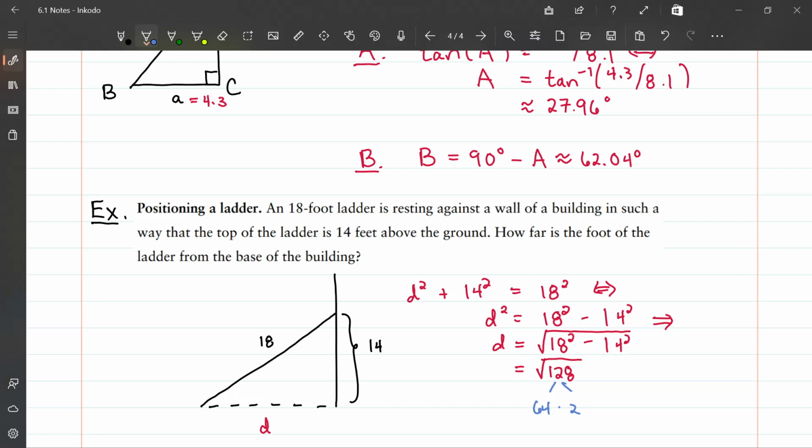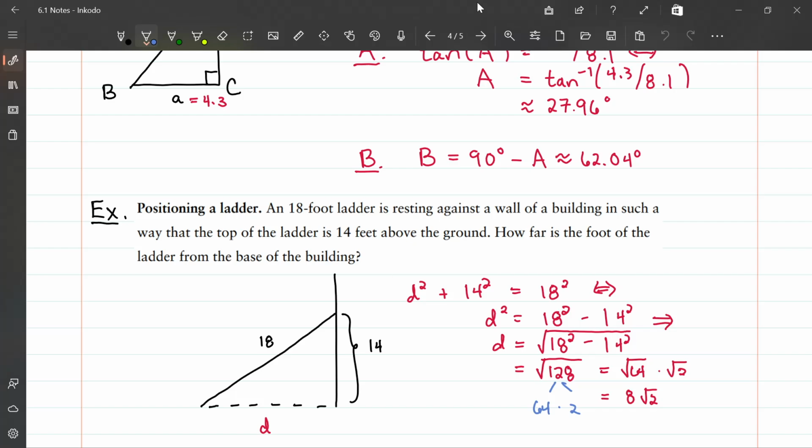Since 64 is a perfect square, and since square roots break down or decompose nicely over multiplication, that tells me that this is the same thing as square root of 64 times square root of 2, or in other words, 8 the square root of 2. And that should be our final answer for the distance. The base of the ladder is 8 the square root of 2 feet away from the wall.